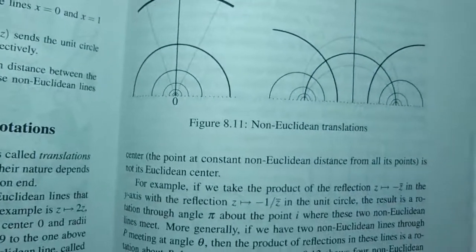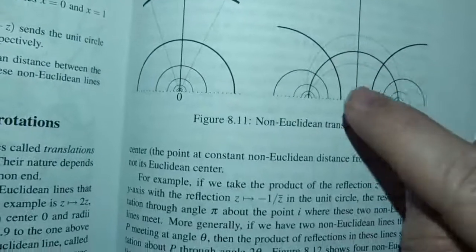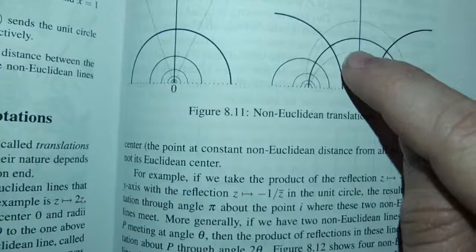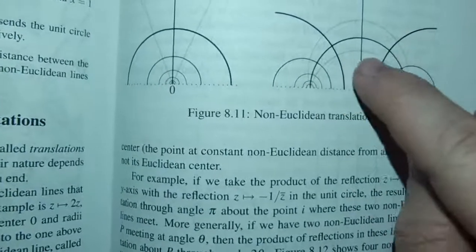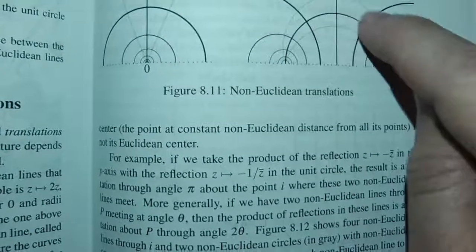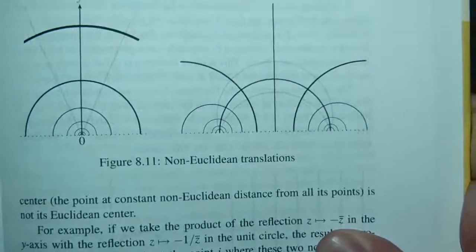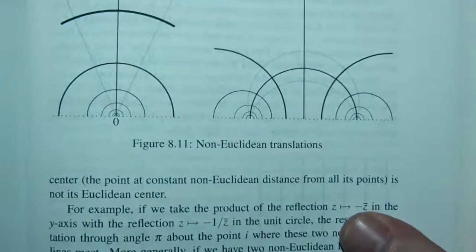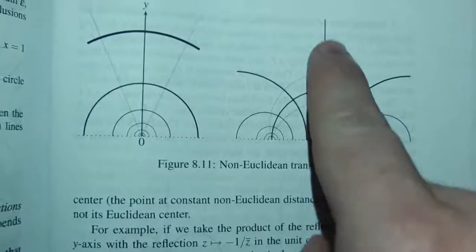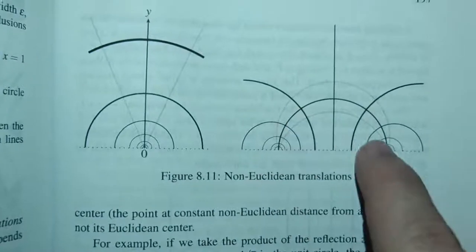In that case, the equidistant curves that are some distance r on either side of this translation axis are these other non-Euclidean lines in light gray here. Some other examples of non-Euclidean lines are here on this side, here's one, and here's others on this side. What does a translation do if your translation axis looks like this?